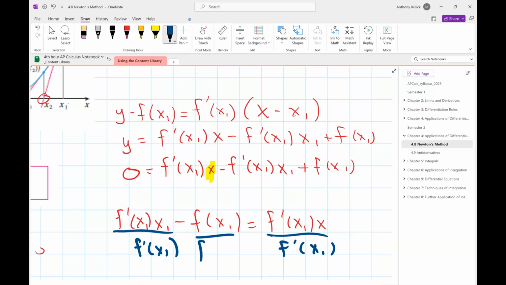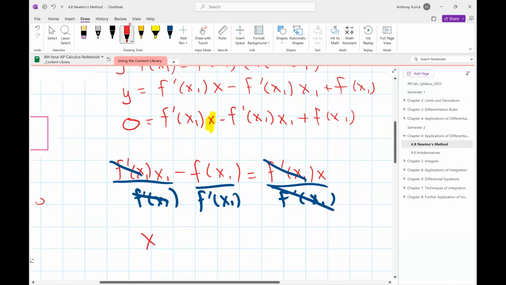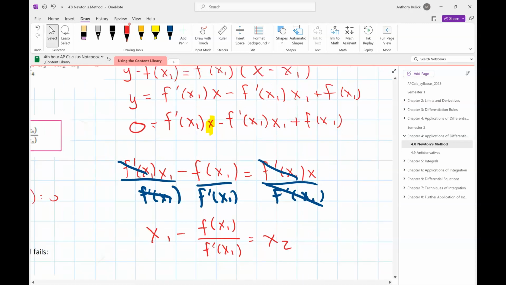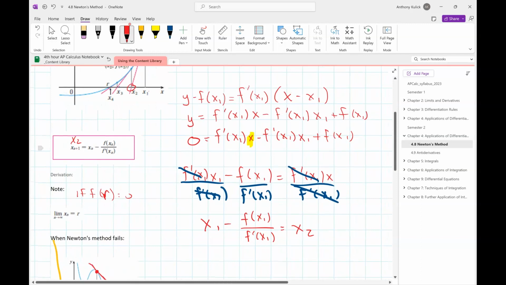Write it this way. So those guys cancel. Those guys cancel. We have x1 minus f of x1 over f prime of x1 equals x. And this is really x2 now, right? Because that's our x-intercept. And that is exactly that formula, just where xn is x1 and xn plus 1 is x2.